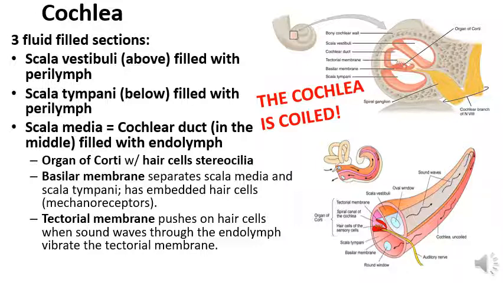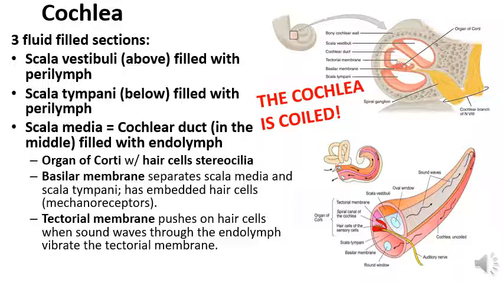And the scala tympani below is also filled with perilymph. They're interconnected, and the sound waves are going to start moving through this fluid. And so the sound waves will move down through the scala vestibuli and then will round through the helicotrema and then come back through the scala tympani.